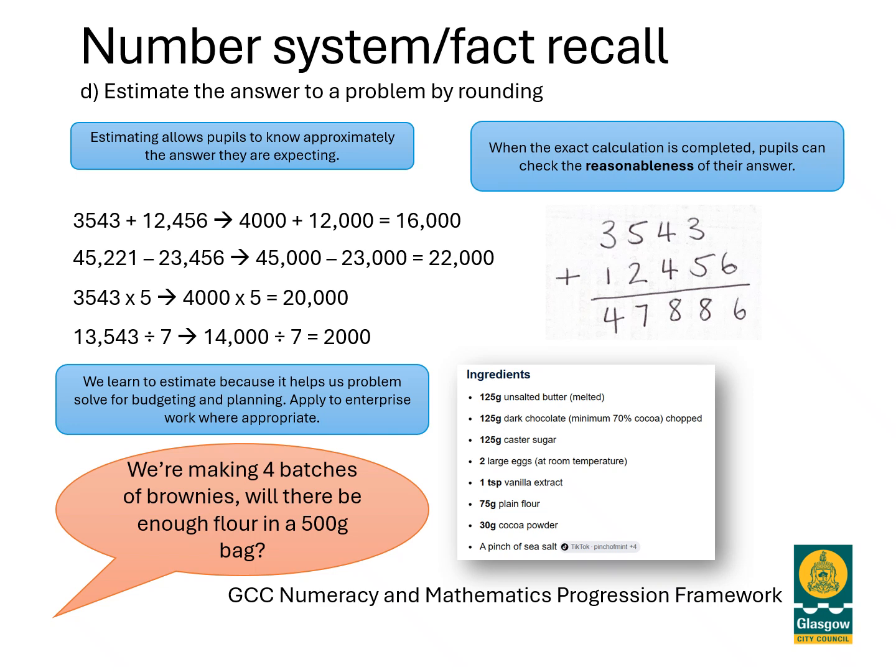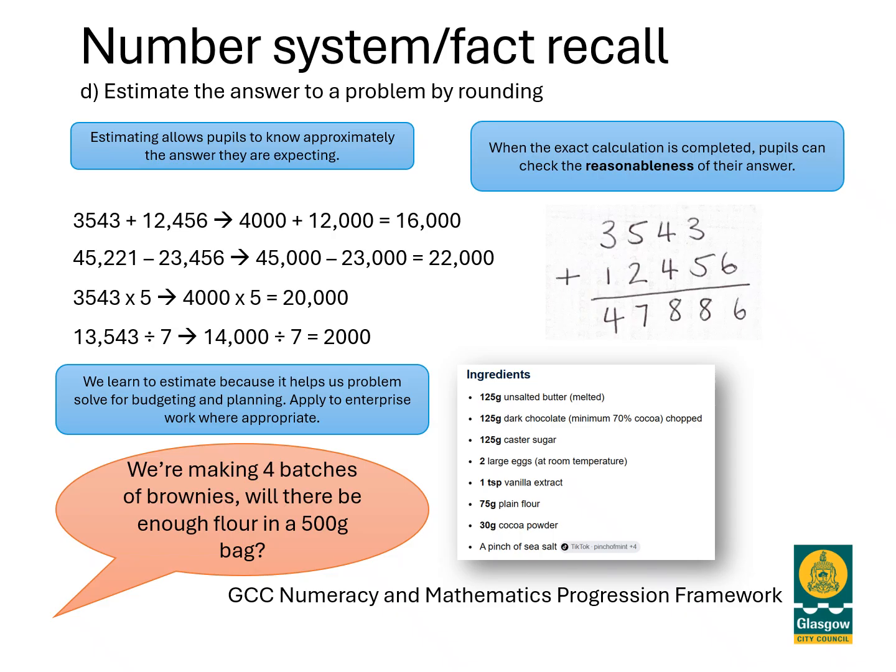Moving on then, in terms of estimating, the skills by this point are that they can estimate an answer to a question by rounding. So by doing this, we know that pupils can find an approximate answer to a calculation, and that helps them to know what they're expecting.